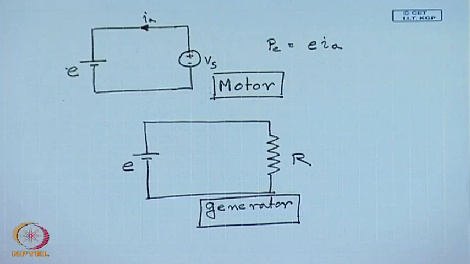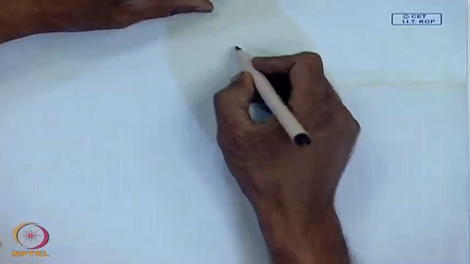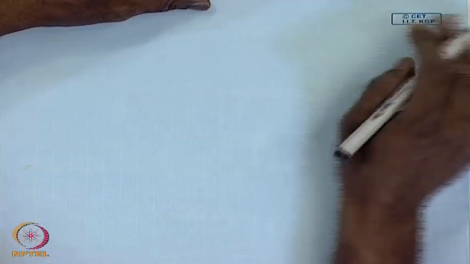If mechanical energy is input in the form of a prime mover, then it will produce electrical energy and it will be called a generator. So, this is the basic operating principle, but a practical DC machine will be somewhat more complicated than the idealized picture that I have shown. Let us look at those practical issues.